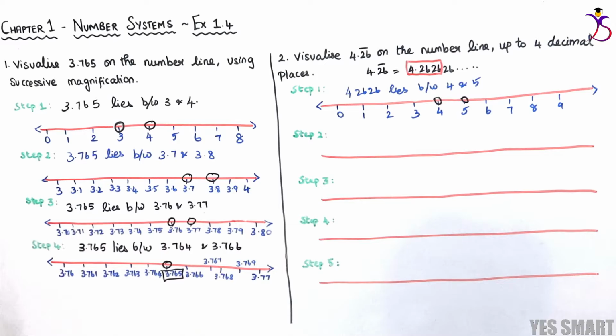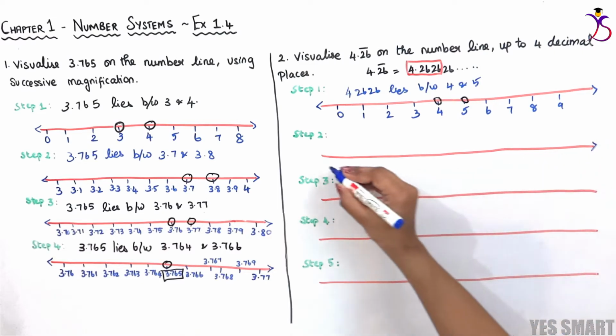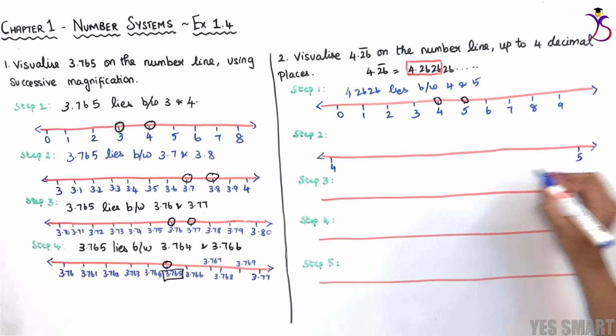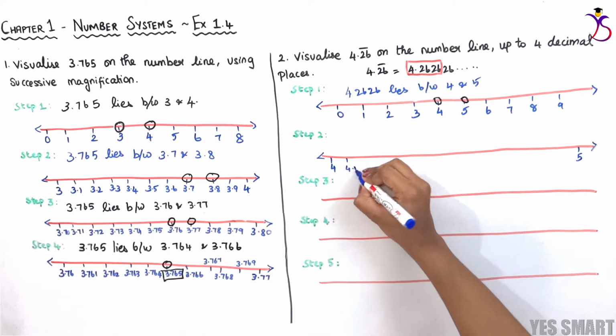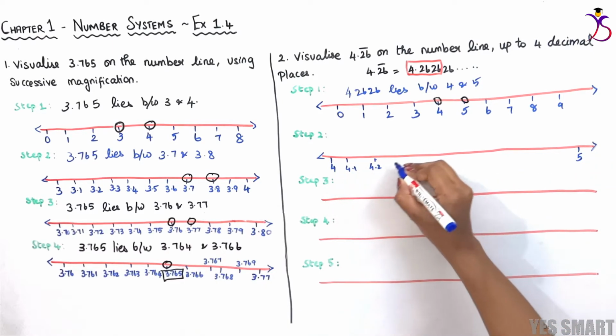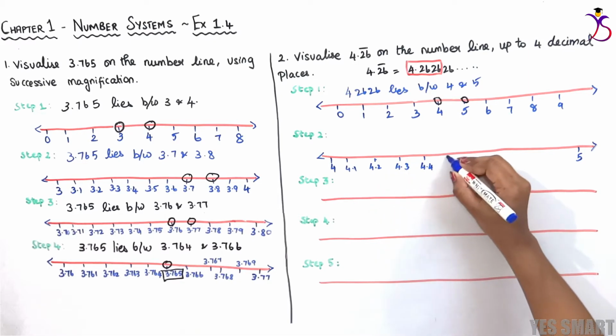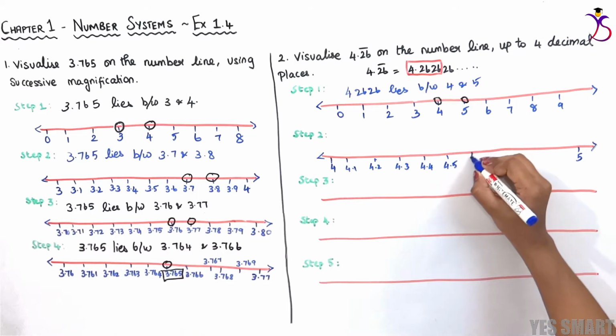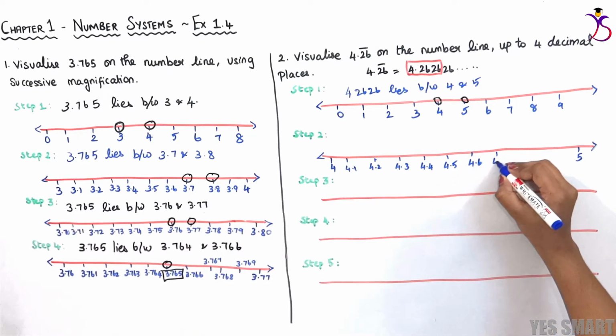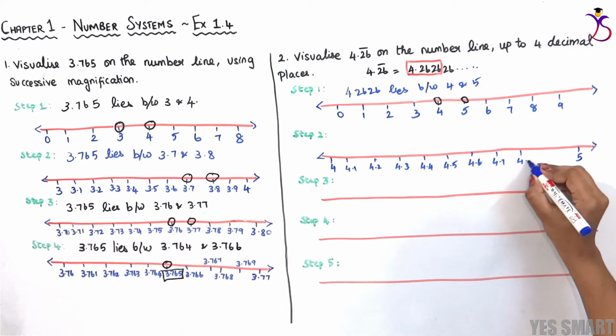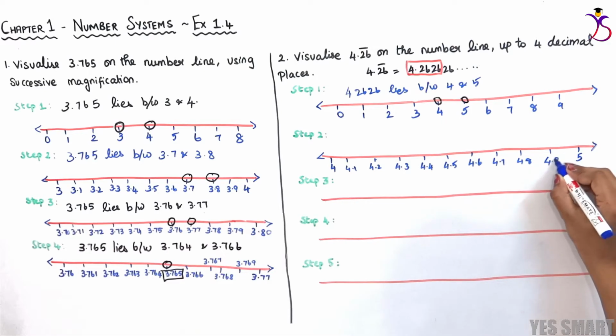In the second step, we are going to magnify the numbers between 4 and 5. Let's start the number line from 4. So it will be with 1 decimal place. 4.1, 4.2, 4.3, 4.4, 4.5, 4.6, 4.7, 4.8, and 4.9.